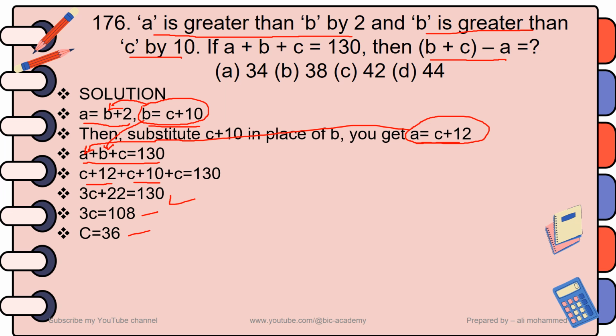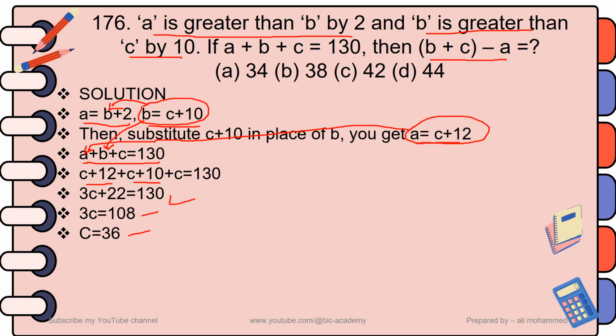If you get the value of C, it is easy to get the value of A, because A means C plus 12, and it is easy to calculate the value of B, because B means C plus 10. Now first, let's find the value of A. A means C plus 12.